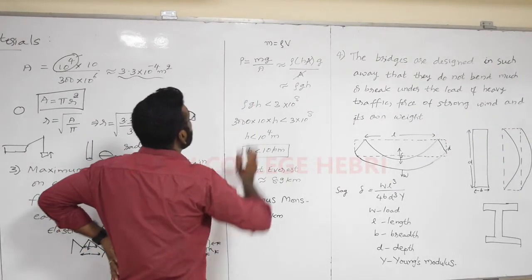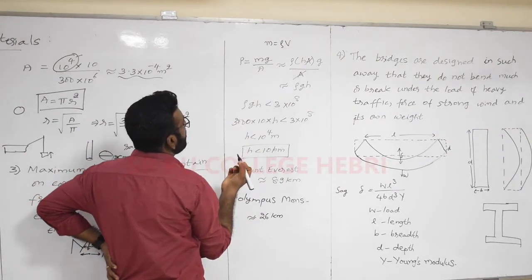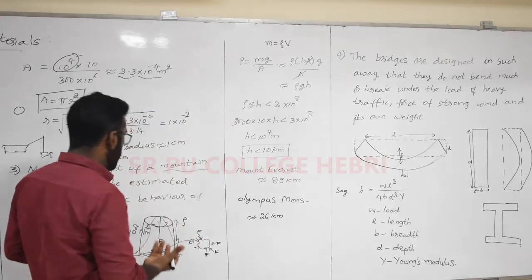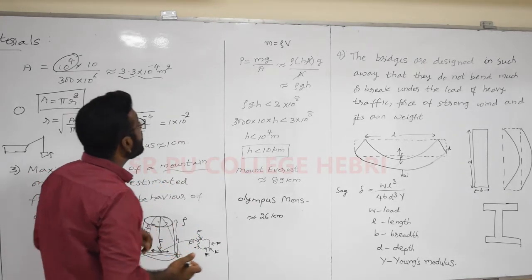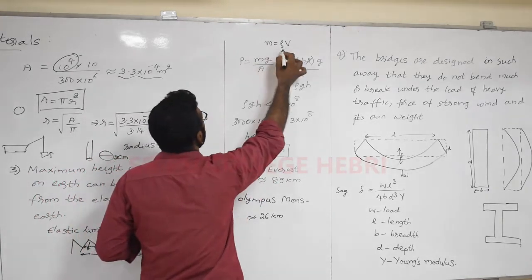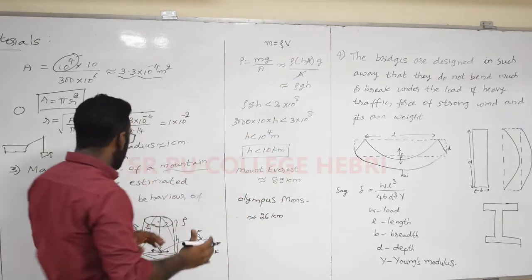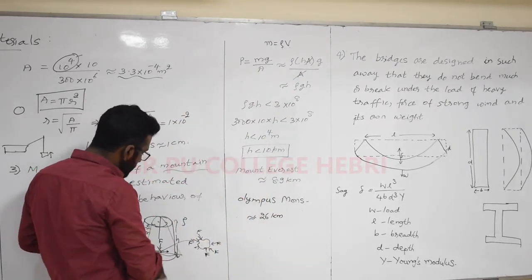From this equation, we don't have the value of mass, right? Mass of the mountain we don't have, but we can calculate the mass from density and volume. Volume we can understand if you consider it as a cylinder.